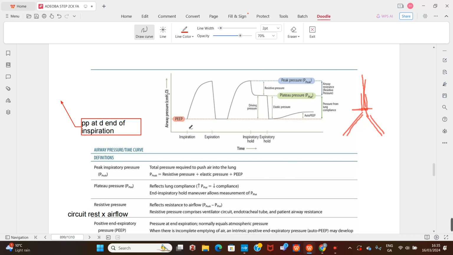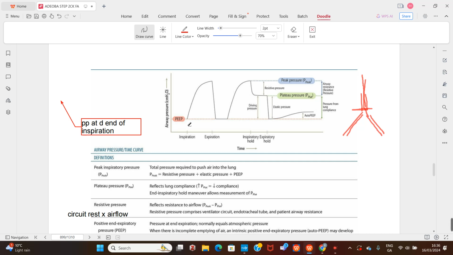So this is inspiration. This is when inspiration is starting. An individual takes in air during inspiration, or the machine delivers that tidal volume during inspiration, because in mechanical ventilation the person can still control, but you can set a limit so that the person should not take less than maybe 12 cycles per minute.